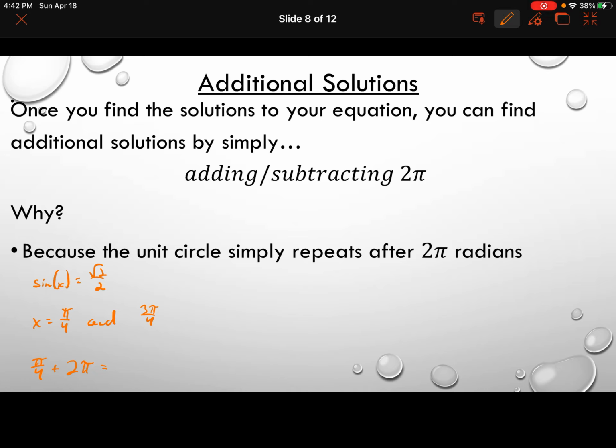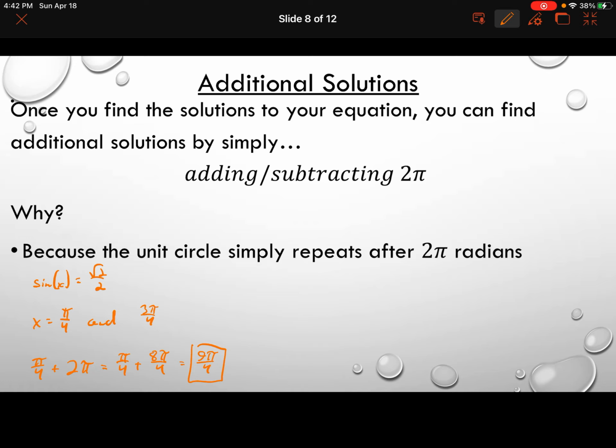In order to add these two terms, I do need common denominators. 2 pi is the same thing as 8 pi over 4. So this gives me 9 pi over 4 as a third solution. I could have done the same thing to 3 pi over 4 to get a fourth solution. So there are an infinite number of solutions at the end of the day, depending on what you're being asked.